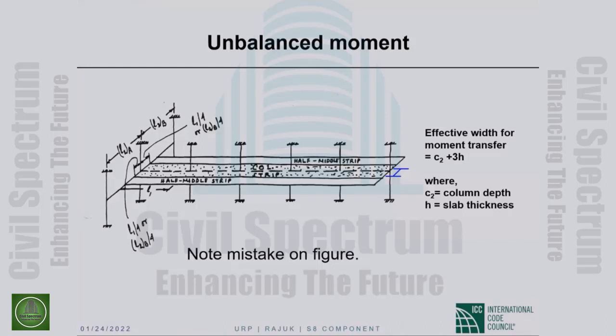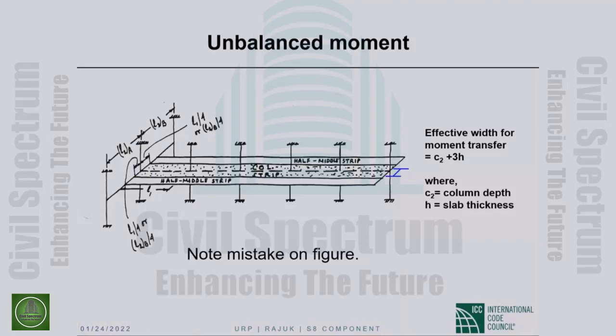But this moment transfer moment that we talked about, the unbalanced moment transfer, the portion of the unbalanced moment that is transferred by flexure, gamma sub f times M sub u, the portion of the unbalanced moment at a support section that is transferred by flexure, which is about 60% of the unbalanced moment, the reinforcement that you need to resist that moment must be placed within a narrow moment transfer band, I'm going to call it.